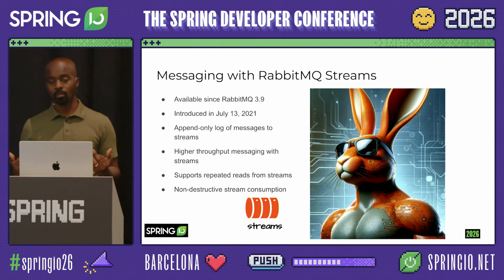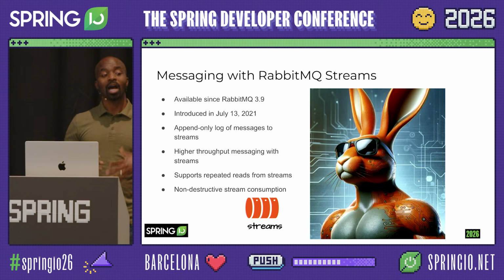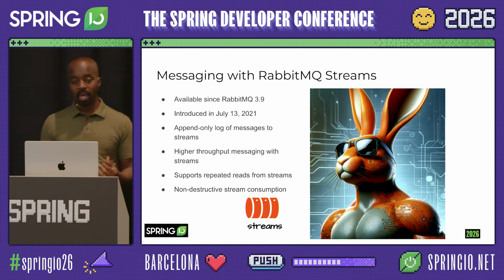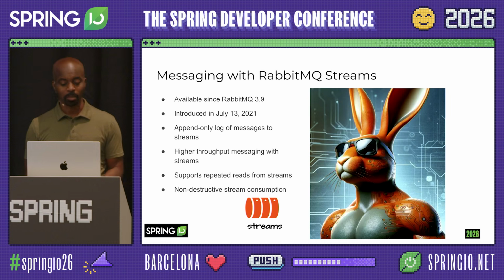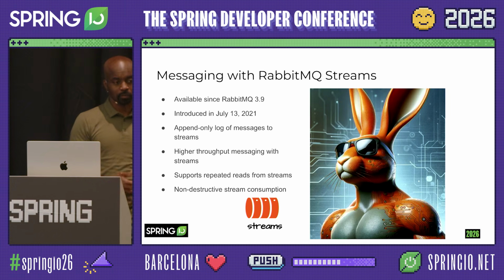With a stream, when you publish a message, it's in an append-only log, right? So it's always publishing to the end, and that's how it maintains the first in, first out ordering. But it supports higher throughput, and when the consumer consumes those messages from the stream, it's not a destructive consumption.